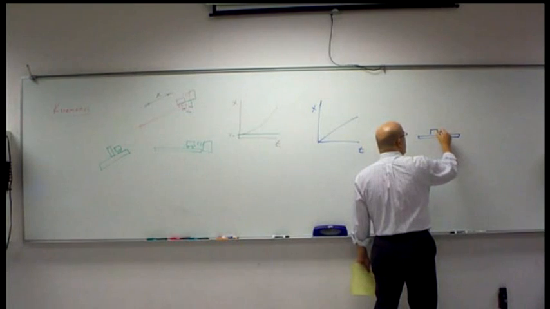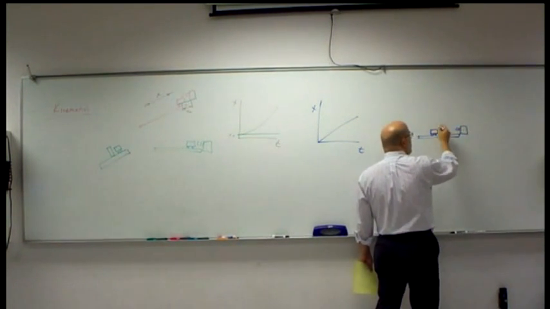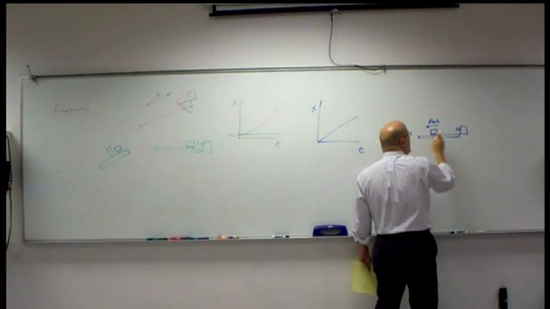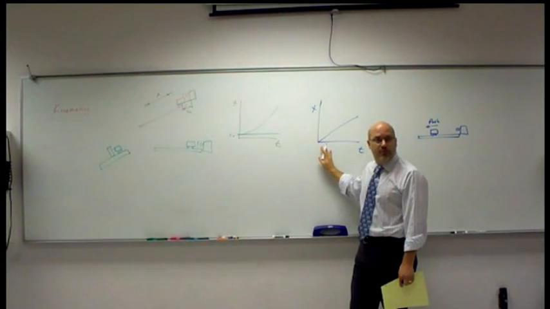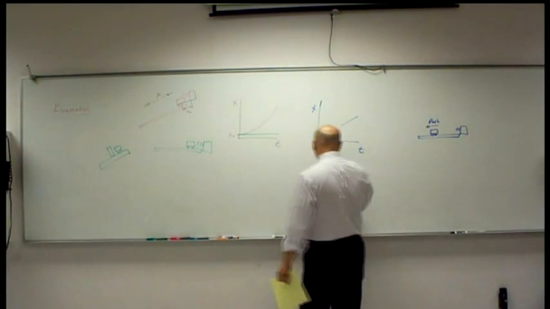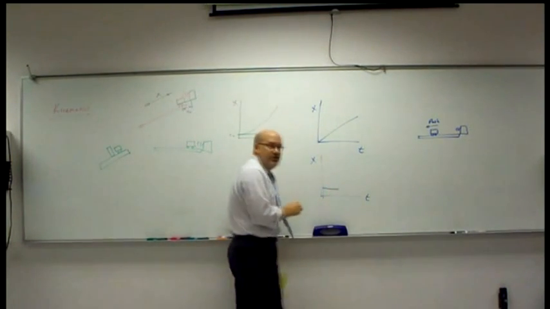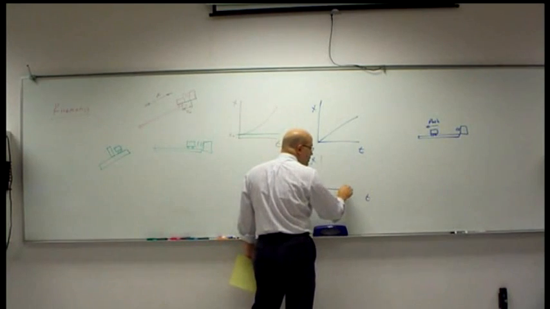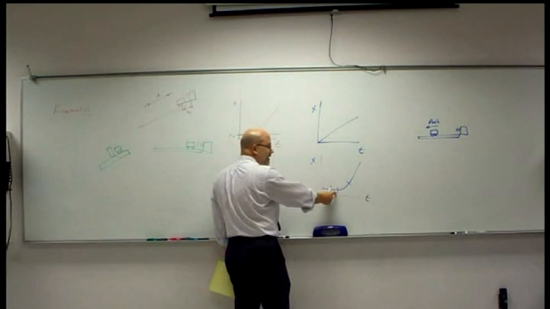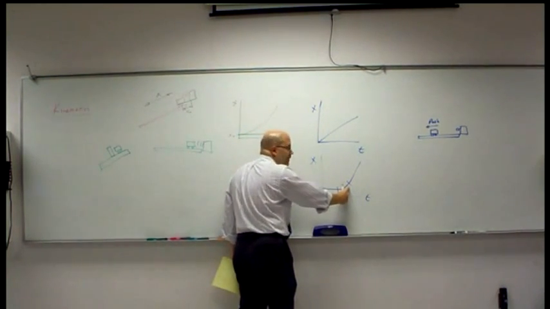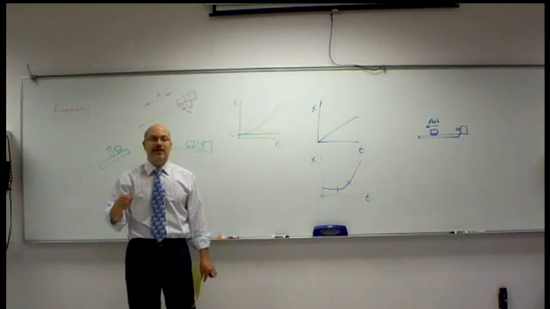So we're going to have the motion detector here, and then we're going to have to give it a push, and then after the push, it ought to look like this, right? But before the push, it might look something like this, x versus t. It's sitting there before the push. You give it a push, and then it goes, right? So you have three sections, where it's sitting still, where you accelerate it, and then where you stop accelerating it, and it just continues to go at the same velocity.